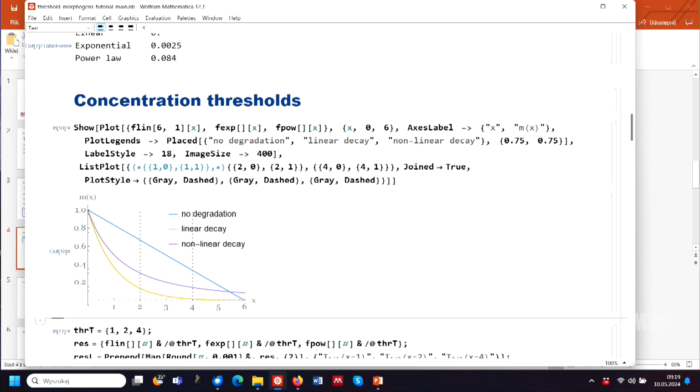But you could already see for exponential there is a huge gap. So for a cell, probably it's easier to distinguish between the two. If it's noisy, then it's even better to have a large difference. Linear decay means exponential profile.